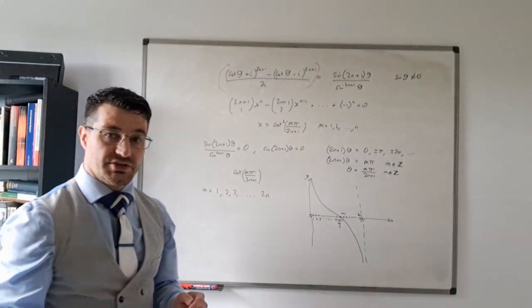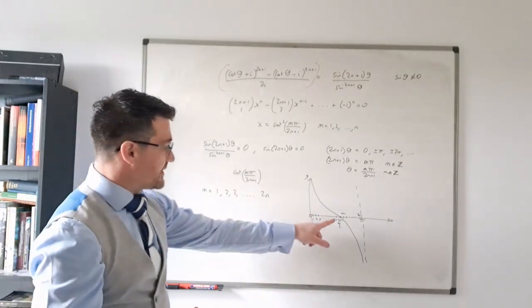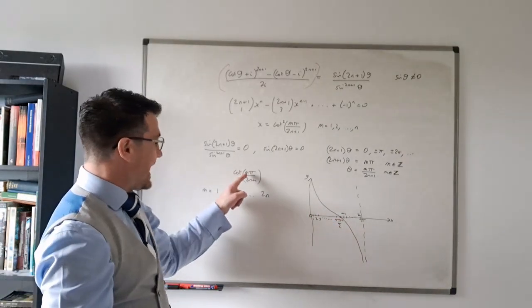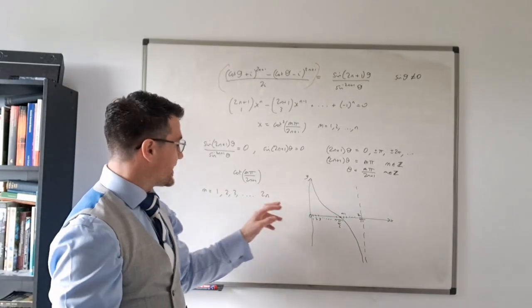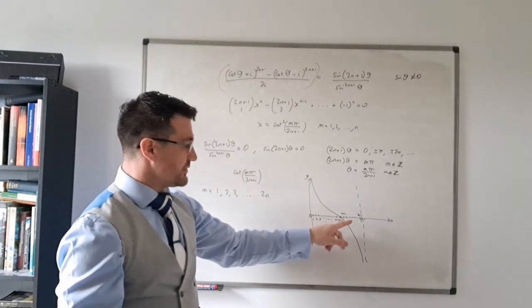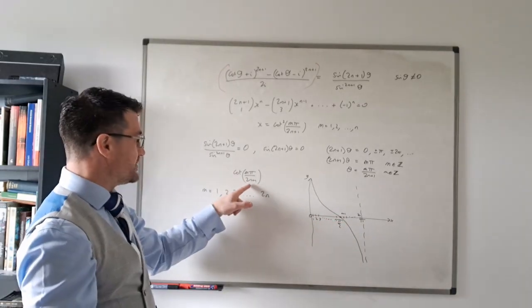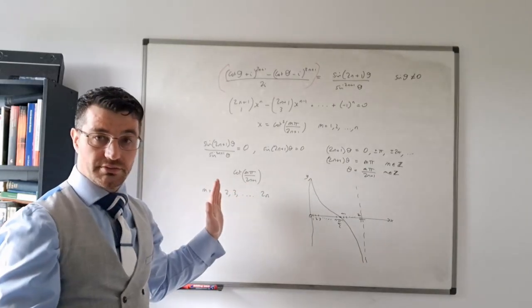Now by the rotational symmetry here, the value that I get when I plug n plus 1 in here is going to be the negative of the value that I get when I plug n in here. The value that I get from n plus 2 is going to be the negative of the value that I get for n minus 1.